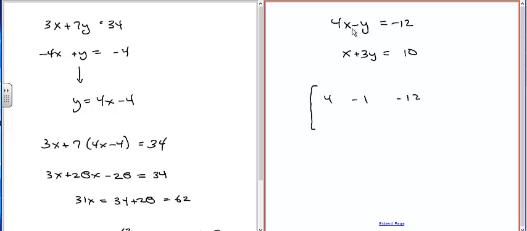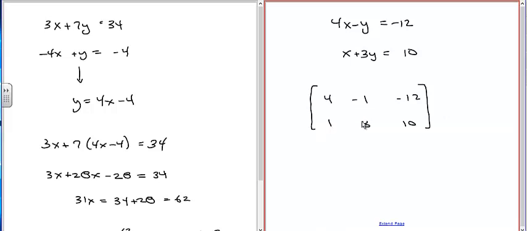So the first equation becomes 4, minus 1, minus 12. And the second equation is 1, 3, 10. And remember what we're trying to do. We're trying to get a 1 here, a 0 here, and a 1 there. And the other ones will be what they are based on the row operations.